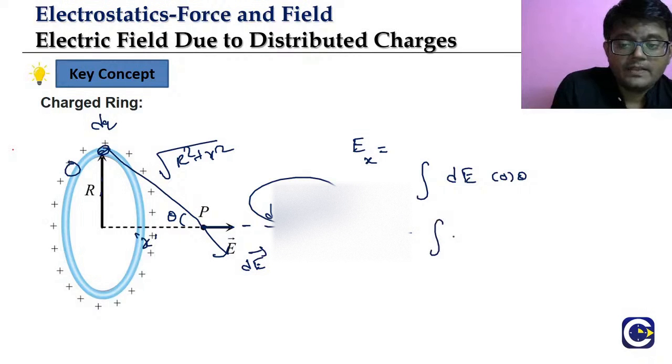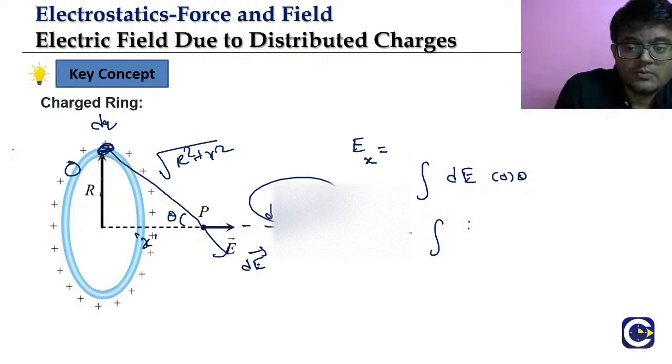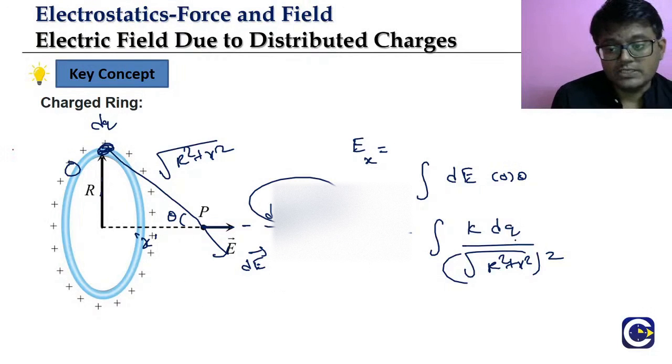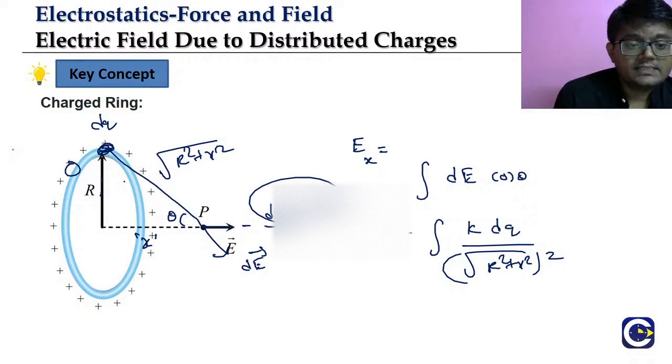So look, dE is the field because of this small charge dq. What is the formula? k dq divided by (√(r² + x²)) whole square. Okay, that is the dE value. Field because of dq means k into charge dq divided by distance squared.